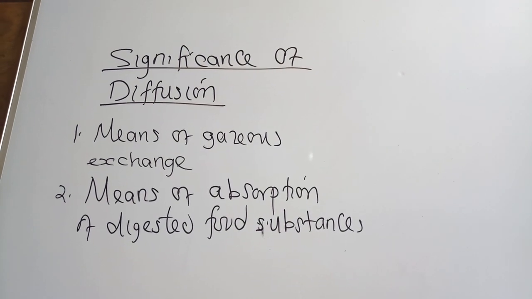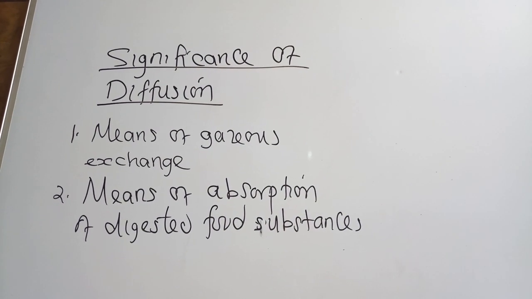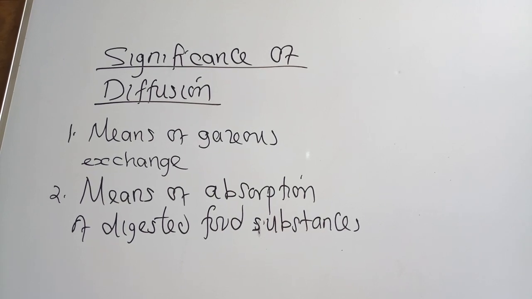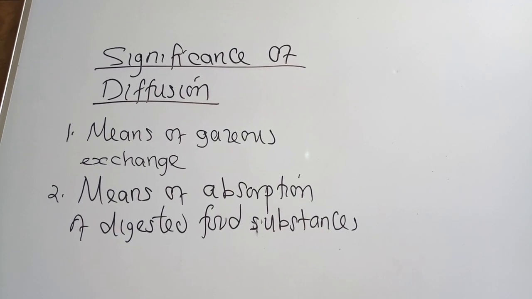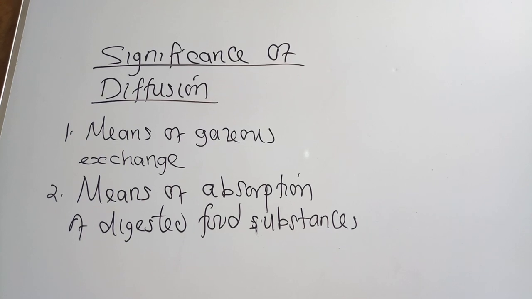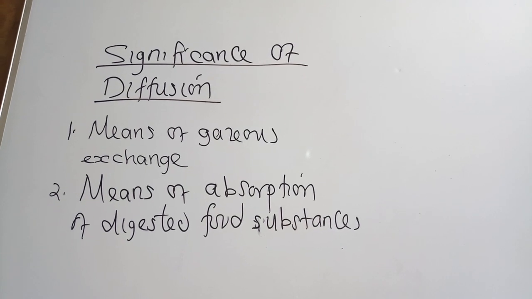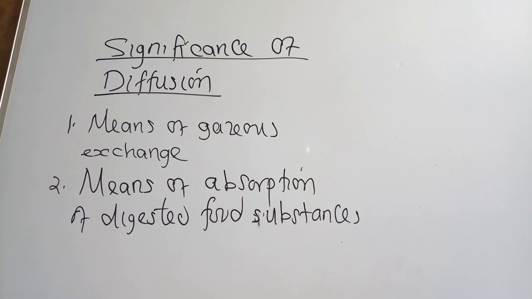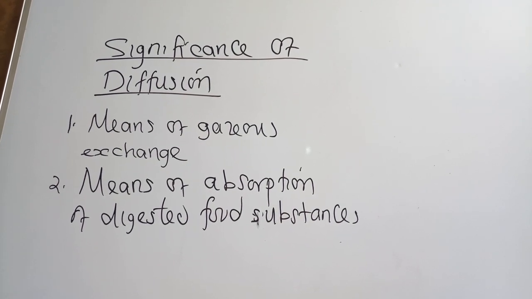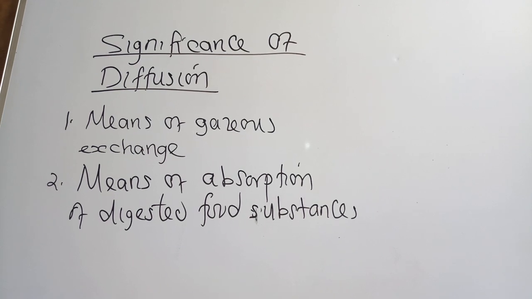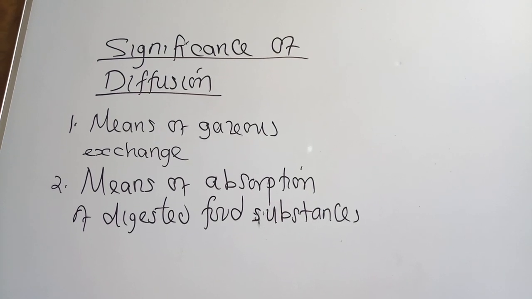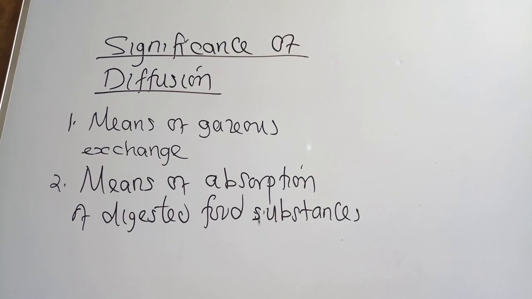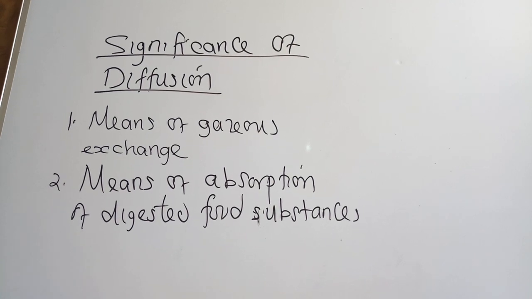Once food has been digested, food substances like glucose, amino acids, and fatty acids will then move from the lumen of ileum where the concentration is high and enter into the villi where the concentration is low. And that movement involves diffusion, and therefore absorbed food substances will then enter into blood and be transported to various parts of the body where they're used.